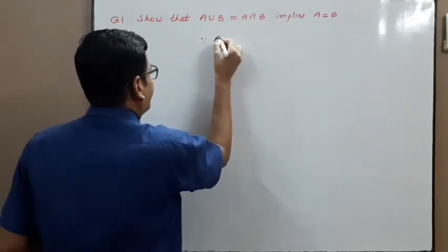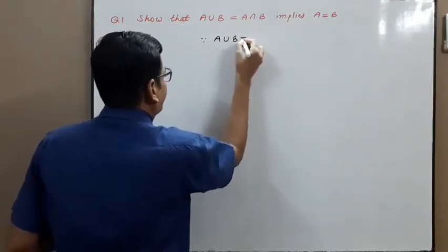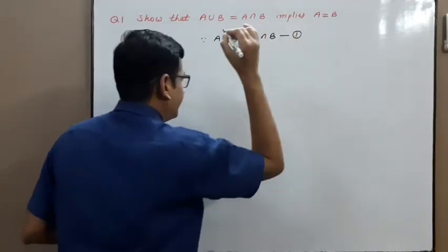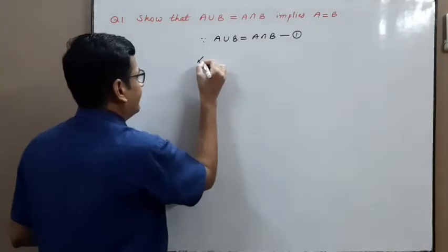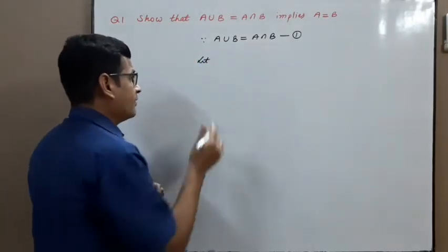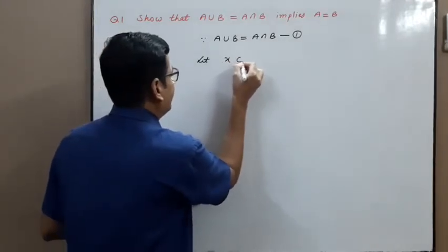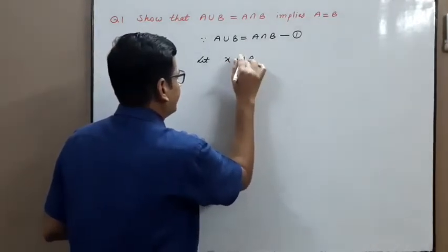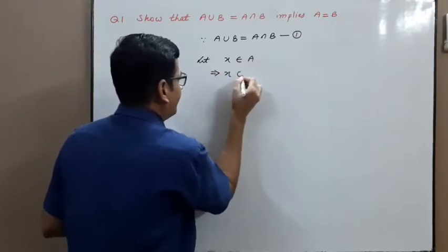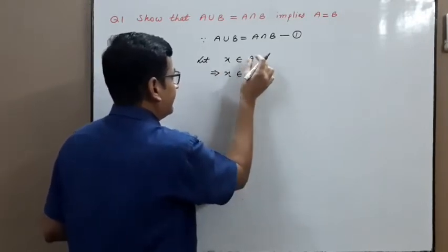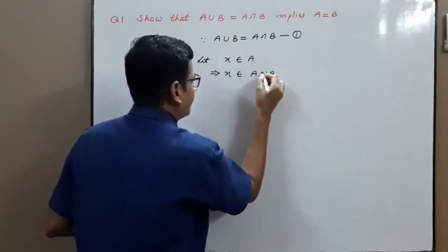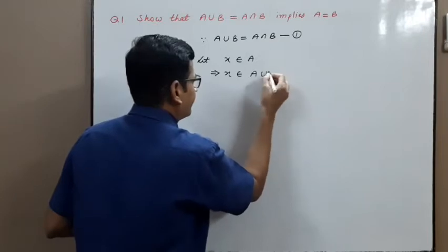Since A union B is equal to A intersection B, give equation number 1. Let X be an arbitrary element which belongs to A. If X belongs to A, then X also belongs to A union B by definition.